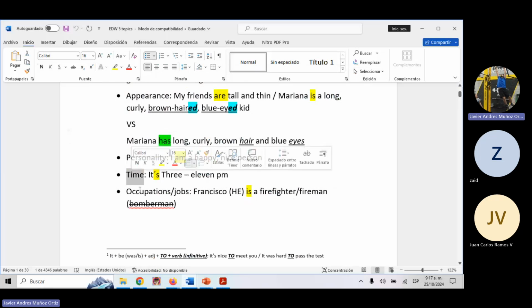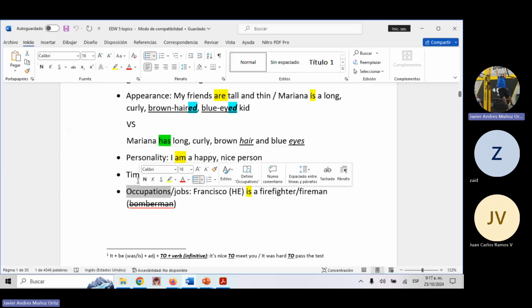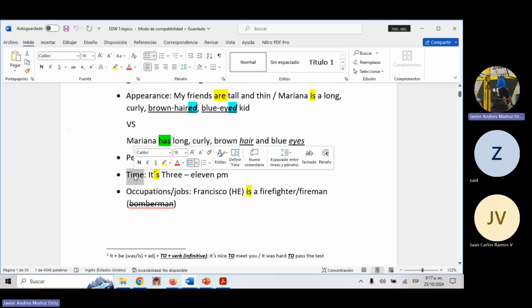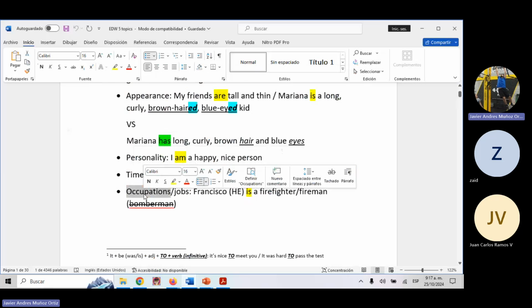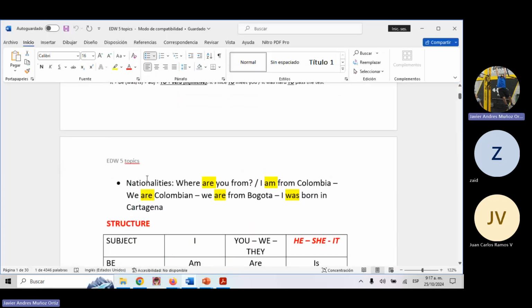We also use the verb to be to talk about the time and occupations. For example, the time: it's 9 o'clock in the morning, 9 o'clock in the evening, right? Occupations: we are lawyers, students, doctors, and so on. To talk about nationalities, it's pretty obvious, right? Soy colombiano. I am Colombian. This is pretty coherent with Spanish, because as we mentioned before, the same reasons why we use the simple present tense verb to be in Spanish are the same reasons why we use it in English.